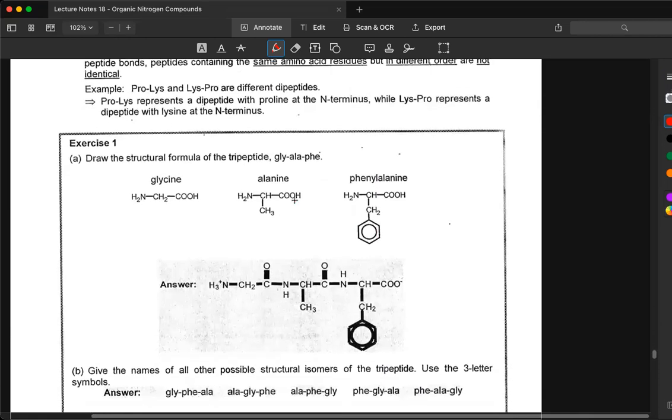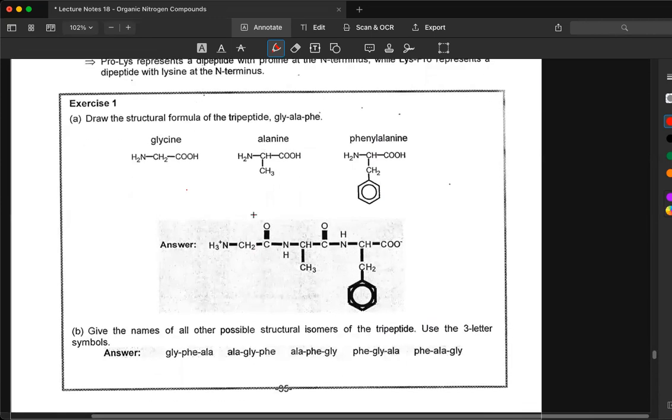So to draw the structural formula of a tripeptide, alanine and phenylalanine, what you do is just treat it like hydrolysis in reverse, all right? NH3 plus, CH2, then C, double bond. Should be double bond here. Double bond here.